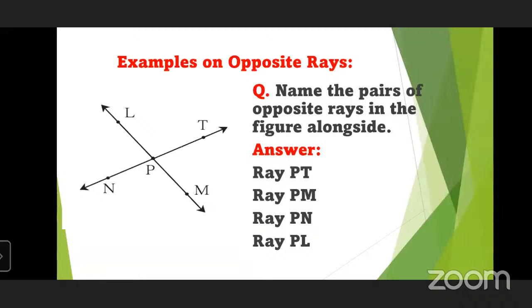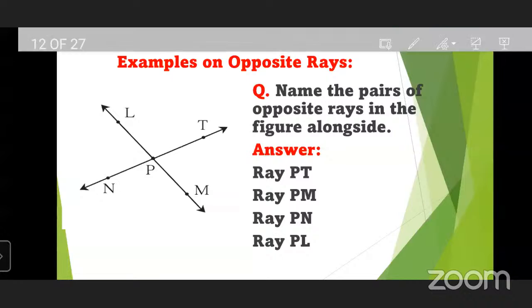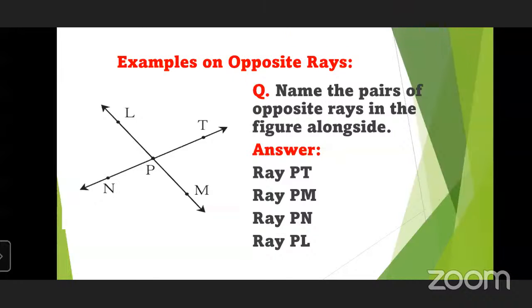First ray is PT. You can see here PT. Next is PM. Next is PN. And last one is PL.